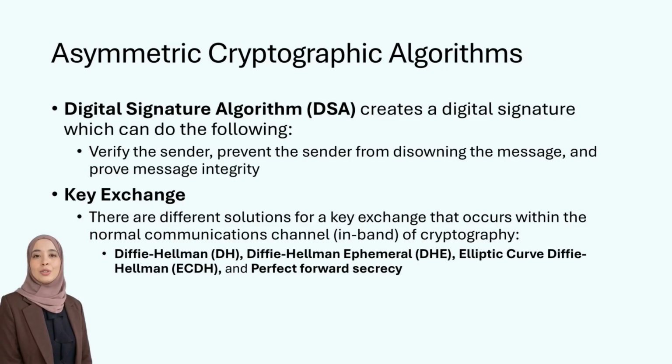When it comes to key exchange, there are different methods to securely share keys. For example, Diffie-Hellman, DH, helps two parties exchange keys safely, while Diffie-Hellman ephemeral, DHE, makes the keys temporary for extra security.